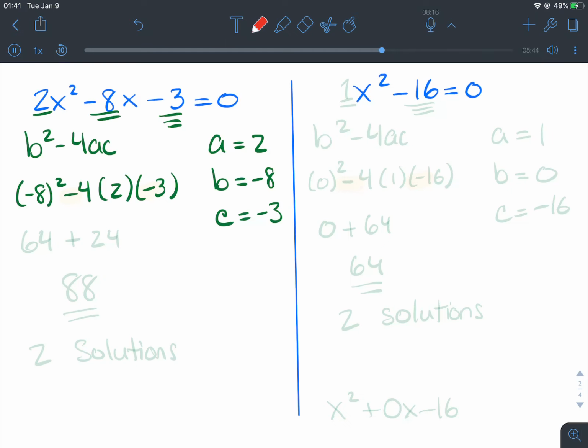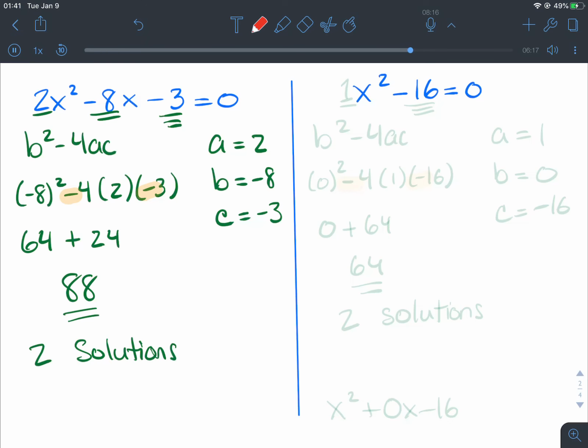Negative 8 times negative 8 is positive 64. And then here, notice we have a negative times a negative, which gives us a positive. 4 times 2 is 8, and 8 times 3 is 24. So 64 plus 24 is 88. Since our answer is positive, that means we will have 2 solutions.